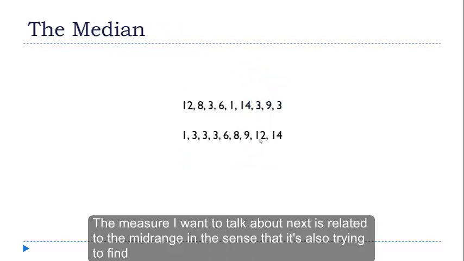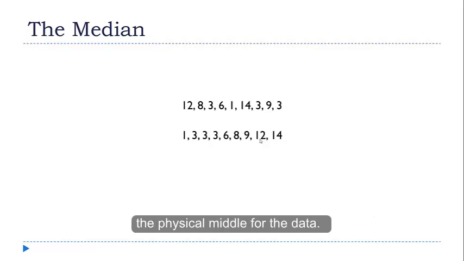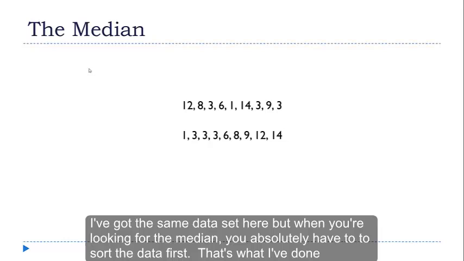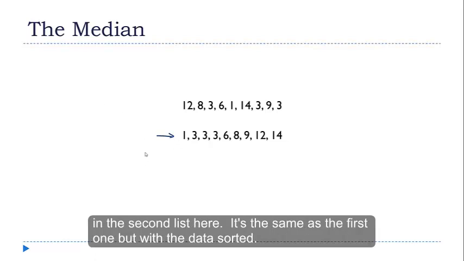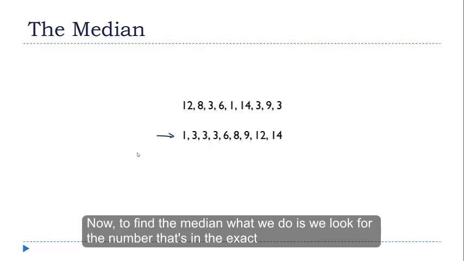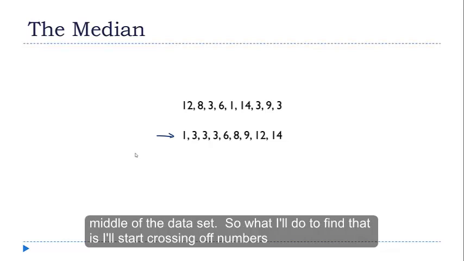Now, the measure I want to talk about next is related to the mid-range in the sense that it's also trying to find a physical middle for the data. I've got the same data set here, but when you're looking for the median, you absolutely have to sort the data first, and that's what I've done in the second list here. It's the same as the first one, but with the data sorted. Now, to find the median, what we do is look for the number that's in the exact middle of the data set.